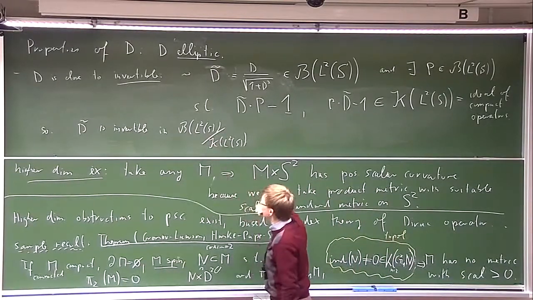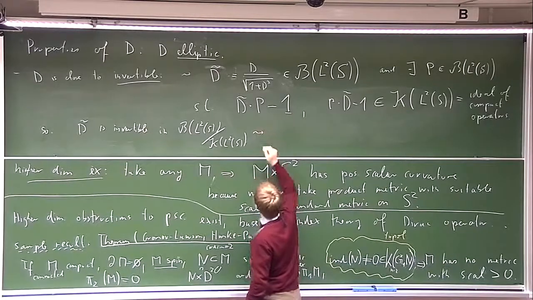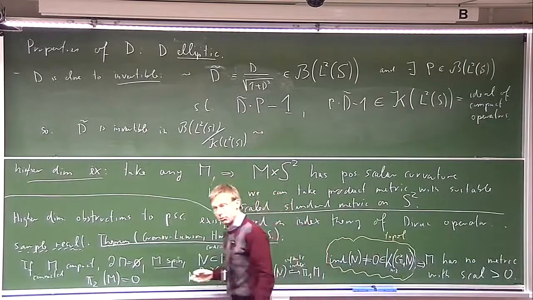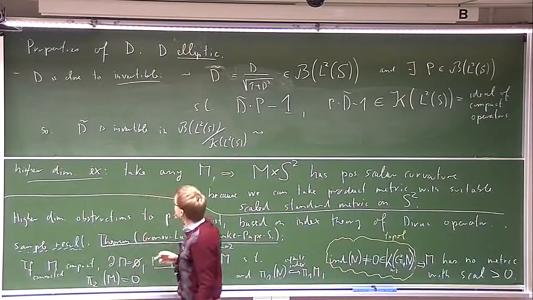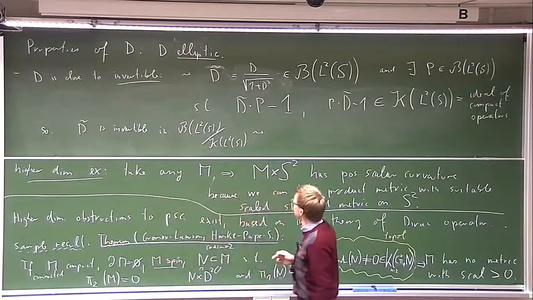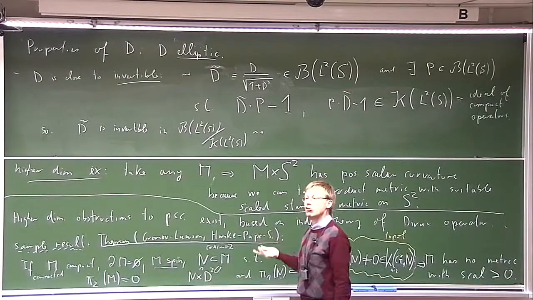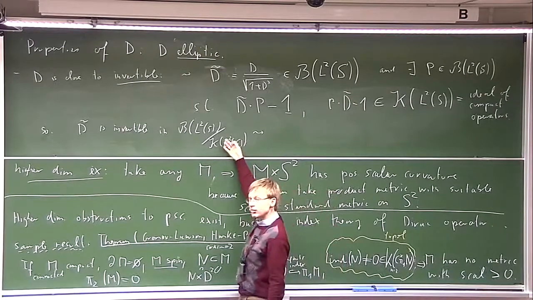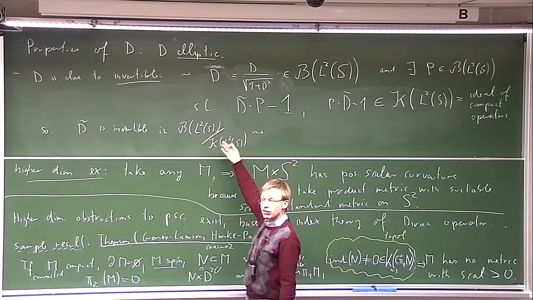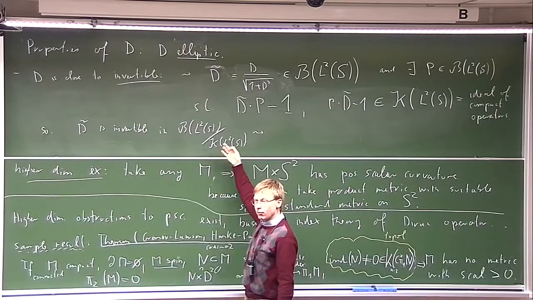And now we make a tiny digression into K-theory. I think it was also on the announcement. If you have an algebra, you can define K-groups of the algebra. And if you have an algebra of this type, which is a C-star algebra, there's only two honestly different K-groups. One of them is made of invertible elements.